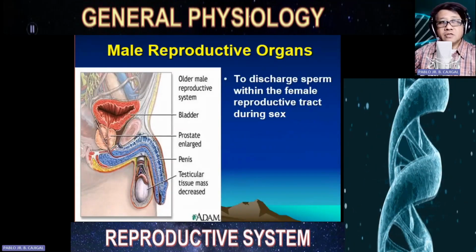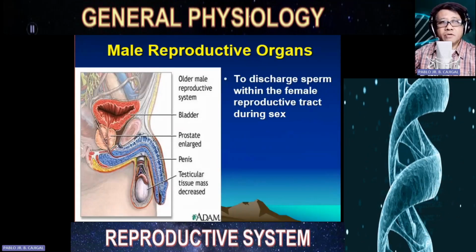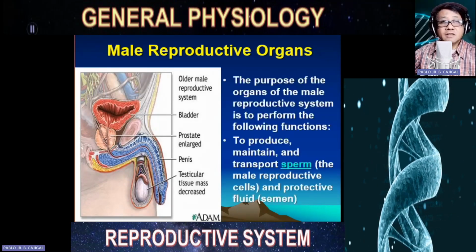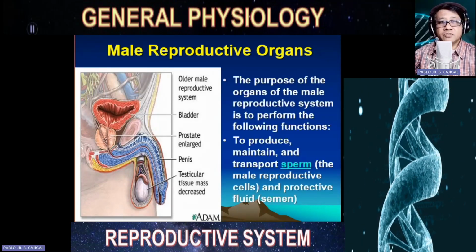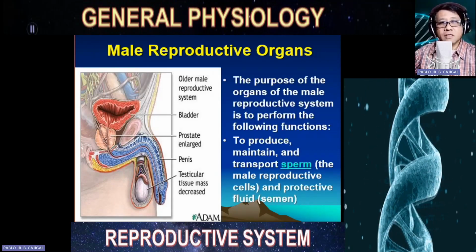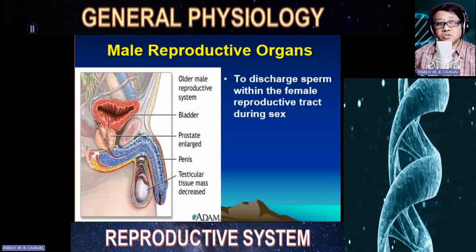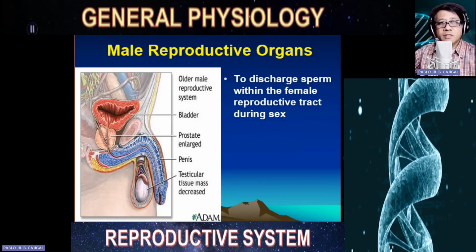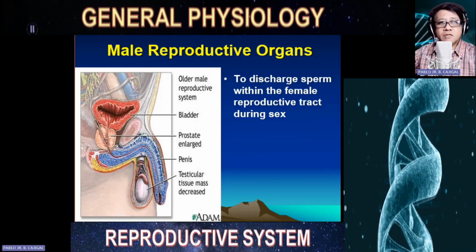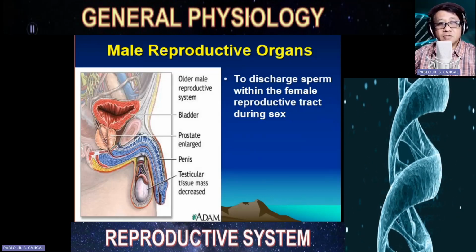The second function is to discharge sperm within the female reproductive tract during the sexual act.